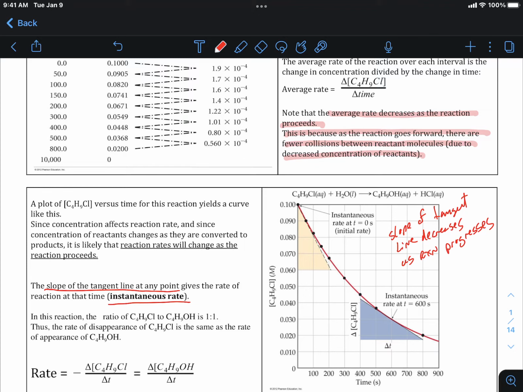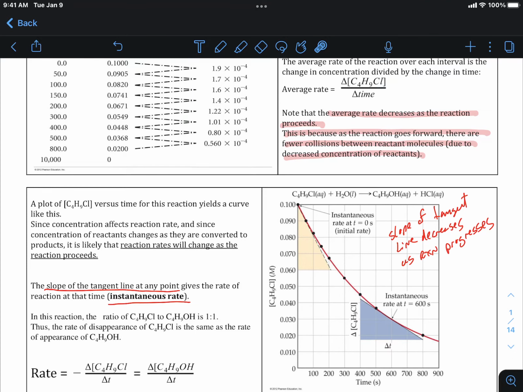Okay. All right. So, the other thing that we should mention is the stoichiometry of this reaction rate. Notice that in this equation here, C4H9Cl is your reactant. Also, water is a reactant.